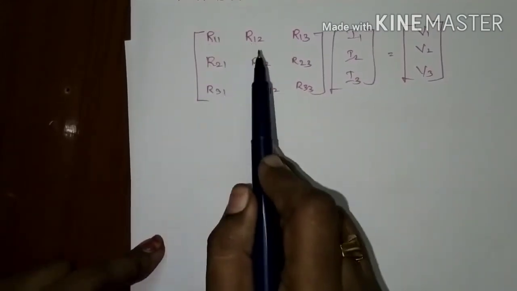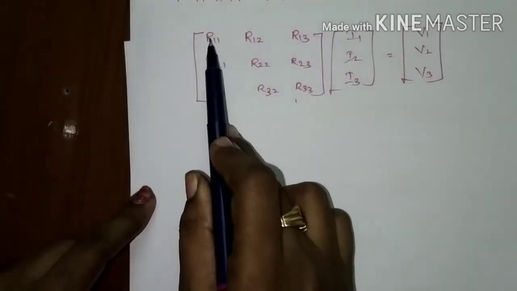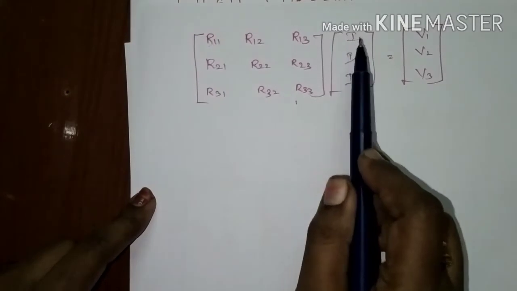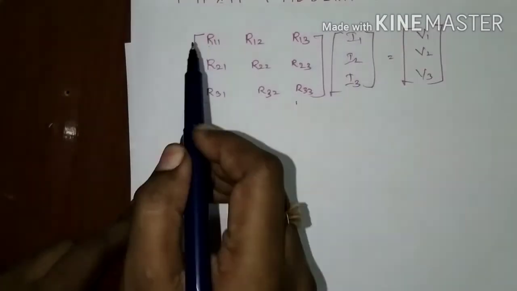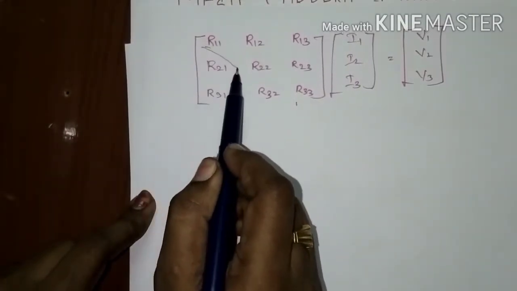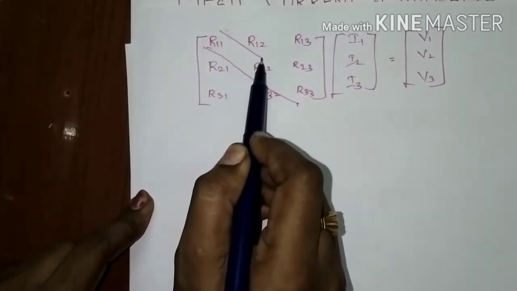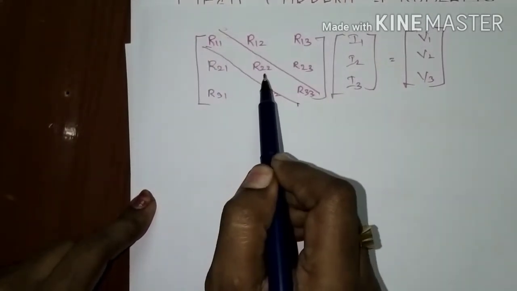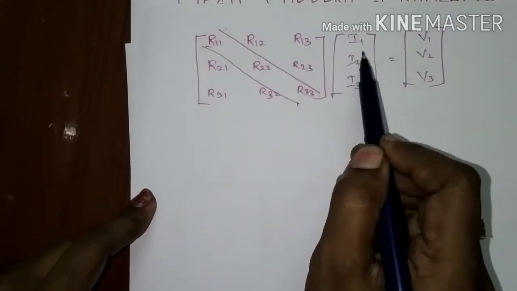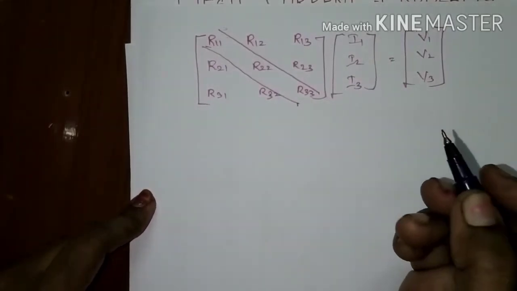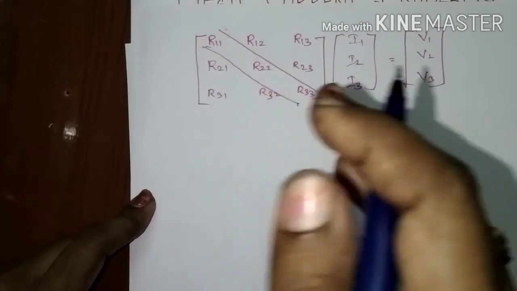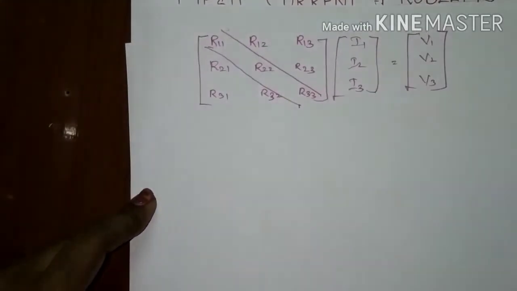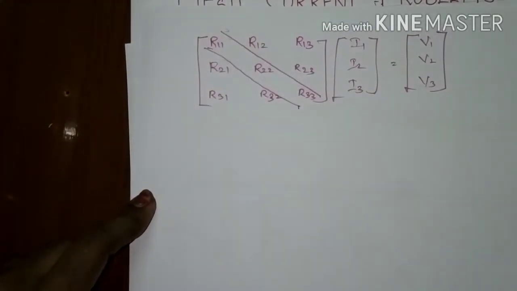Here R11, R22, R33 are the sum of all the resistances through I1, I2 and I3. Or we can also say R11, R22, R33 are the self resistance of each mesh present in the circuit.